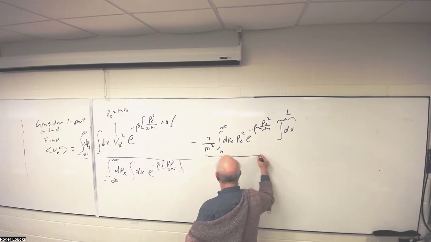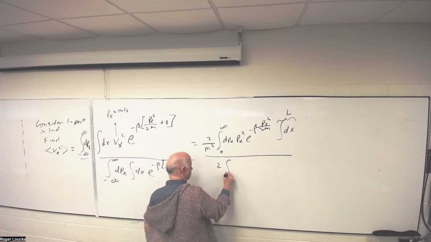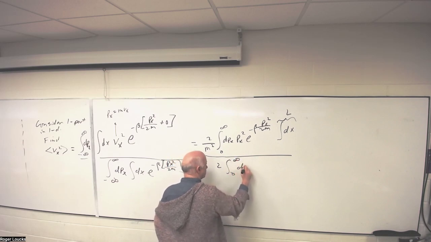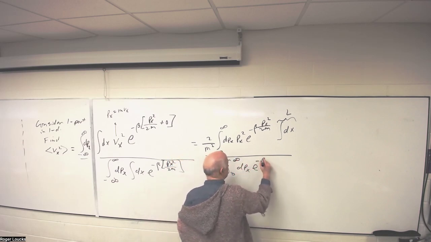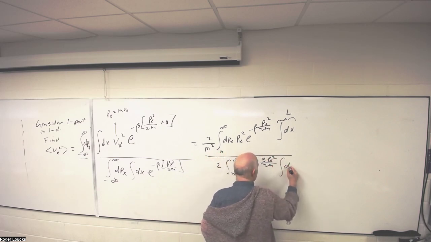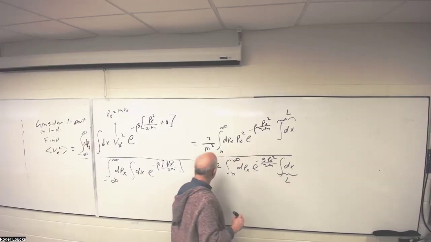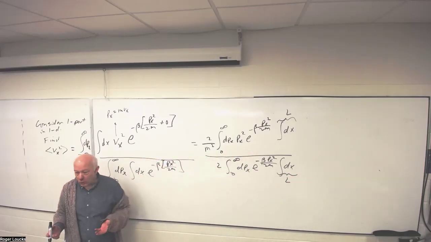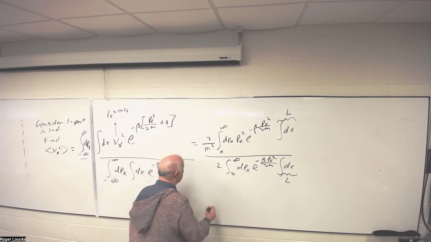And this whole thing here then gets divided by the integral from 0 to infinity of dpx e to the minus beta px squared over 2m, times the integral dx, that is L. So the 2's go away and the L's go away, and what I'm left with is an integral.